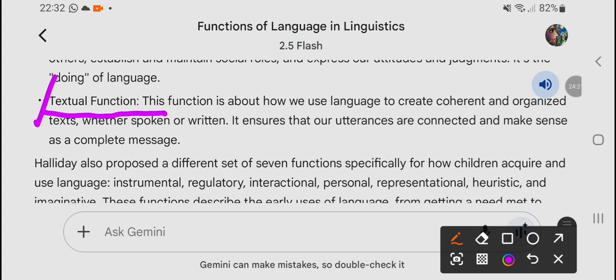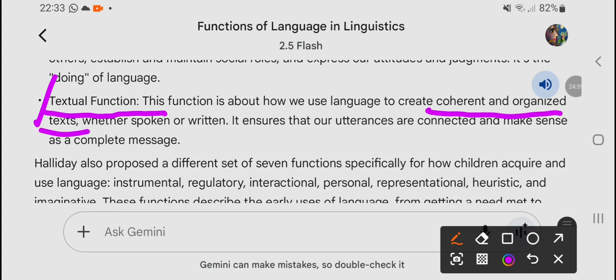When we have to be very particular, for writing work, we have to be very particular. So this function is about how we use language to create coherent and organized text. So then we have to use coherent and organized, systematic text.